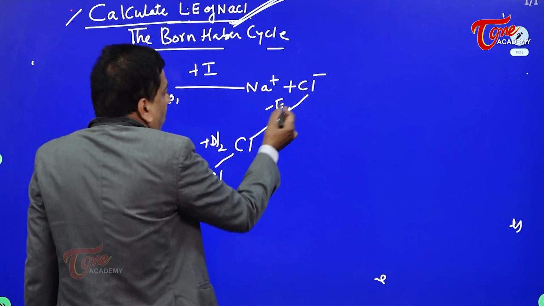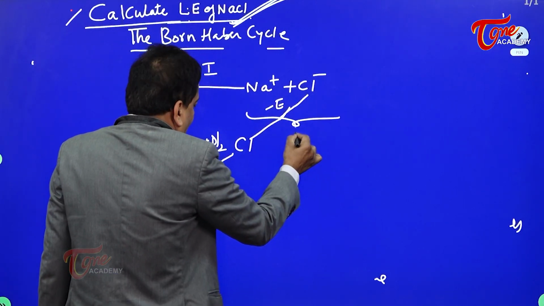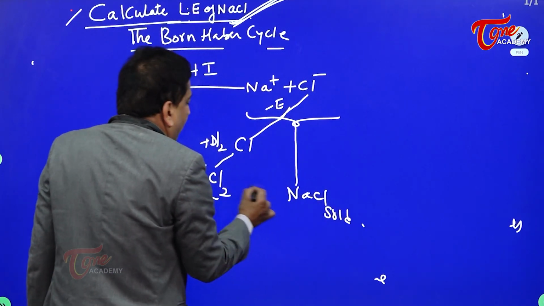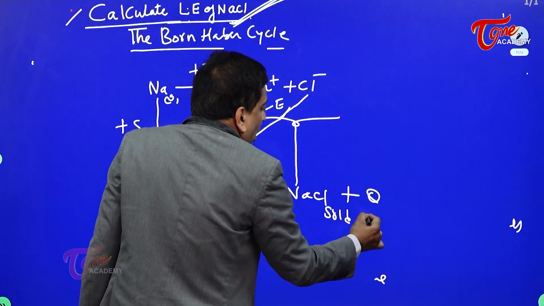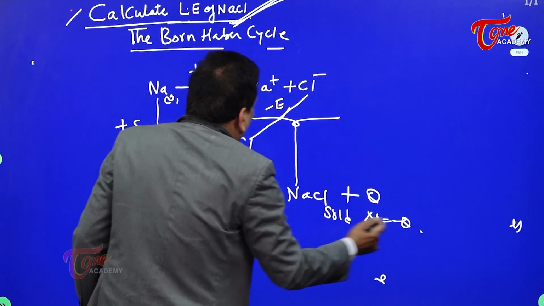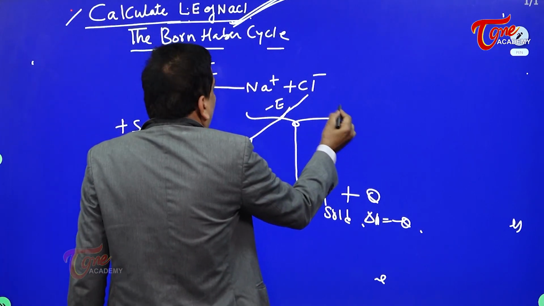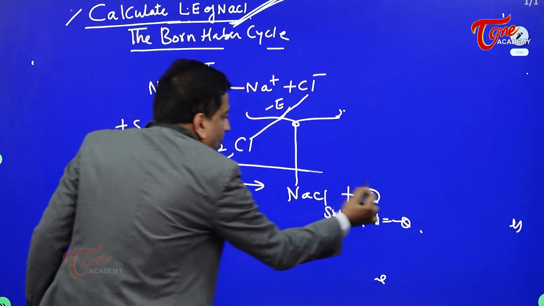And now you have Na+ and Cl- together, and they will form basically the NaCl solid, and the energy is released, that is +Q, or I can write this to be minus Q. What has happened in this cycle is you have your direct step at one place.